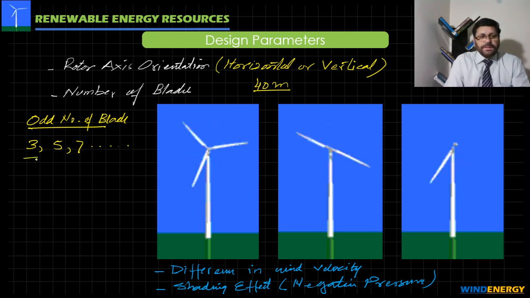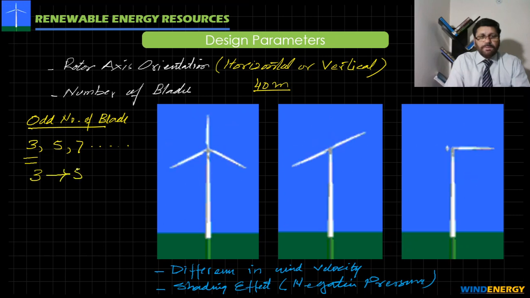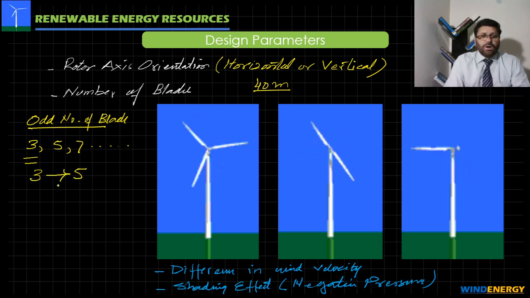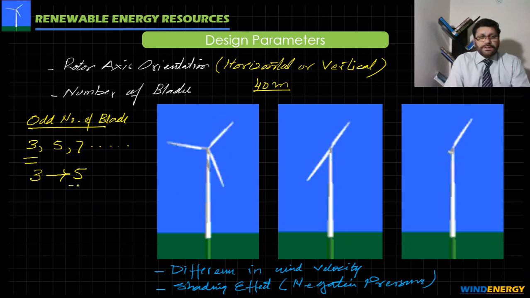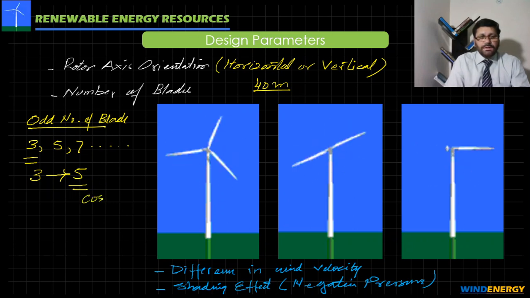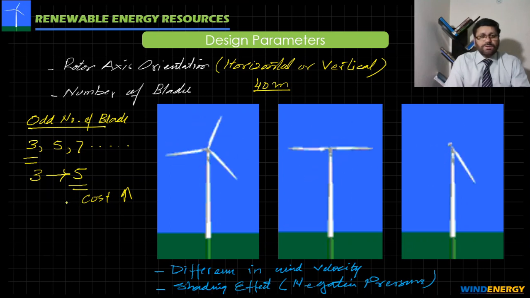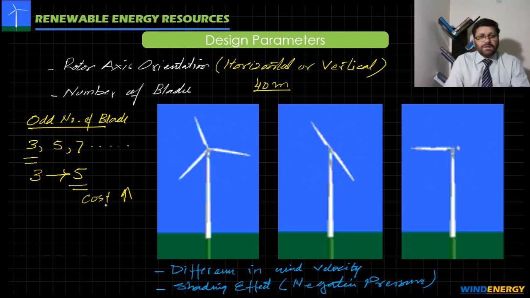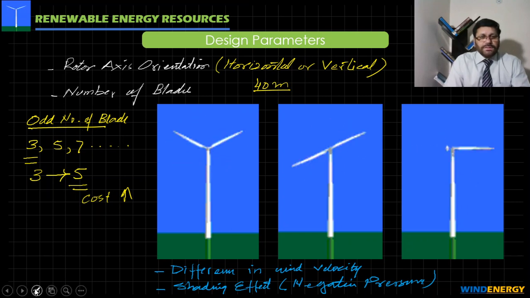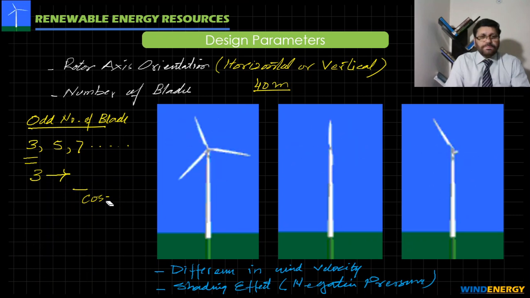But if you just think that you are moving from a 3 blade wind turbine to a 5 blade wind turbine, how much cost you are going to increase overall by including 2 more blades. So the cost of the turbine is increased because of the addition of these blades. As far as the output is concerned, the power output is not commensurate with that increase in cost. So ideally nowadays it is in practice that we are using 3 blade wind turbines.